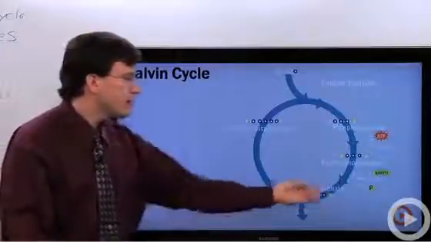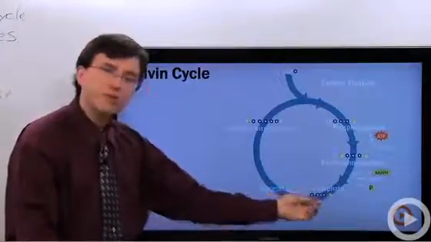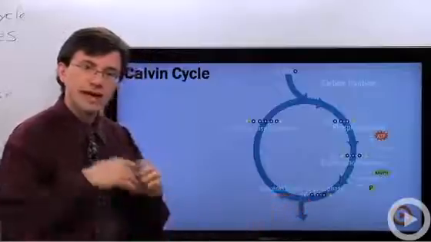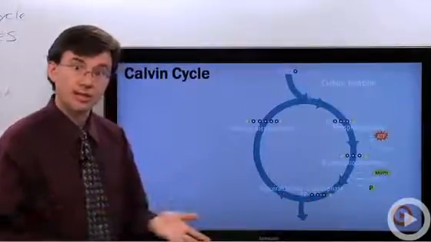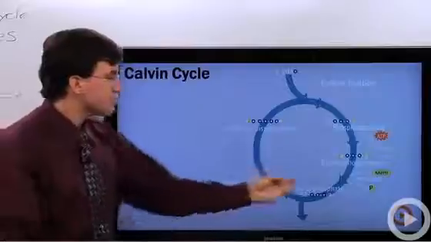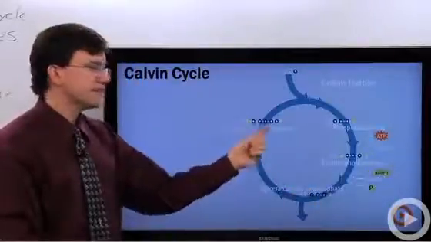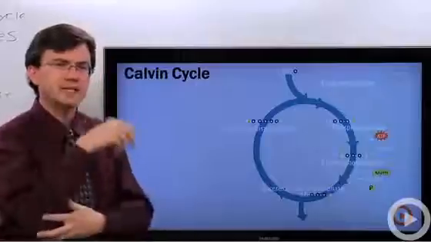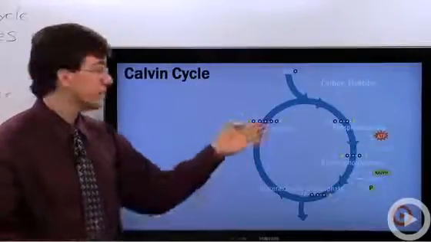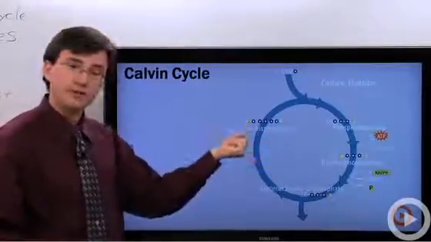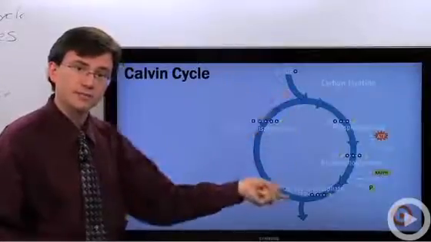Now, from these 12 here, there's 12 of these 3-carbon molecules. If I count up the carbons, I get 36. So that's 36 carbons. I need to recycle back to my beginning, and I had 6 of these 5-carbon molecules. Let's see, 6 times 5 is 30. So I need to keep 30 of my carbons in order to keep doing the cycle.